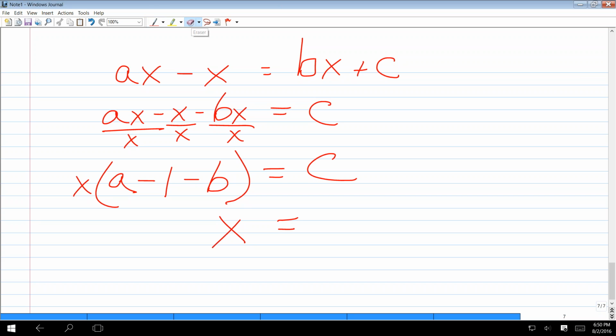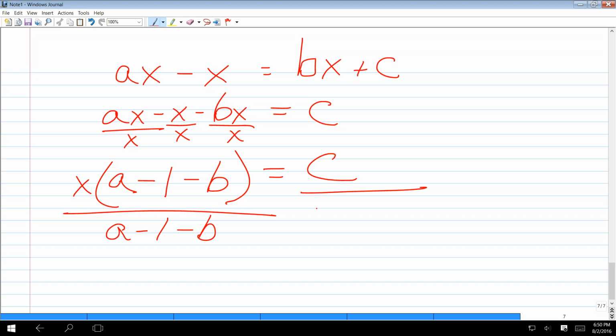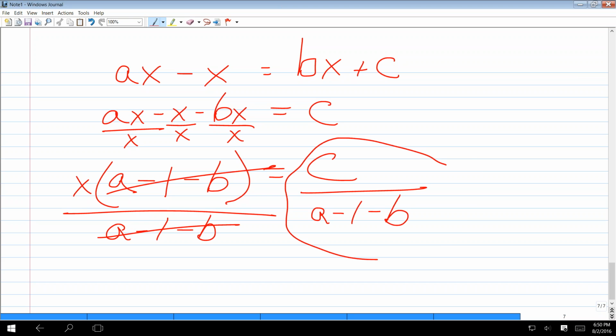So if I divide, now here I have to do both sides. So I'm going to divide by a minus 1 minus b, which means I got to do it over here also. Now that cancels with that, and I've got x equals this quantity, which is my answer. Okay.